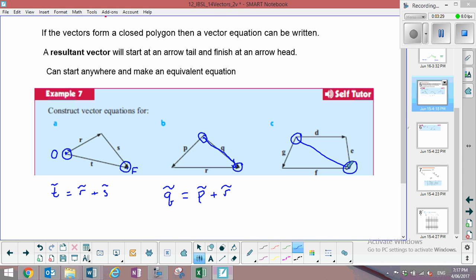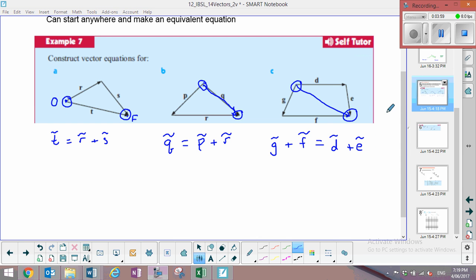We could put that in, but what we can say is that if we did vector g plus vector f, that is equal to doing vector d plus vector e. That gives us the same result, going effectively from here to here. So we could put that as our resulting vector.